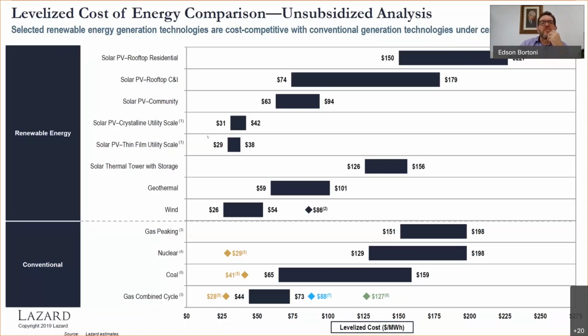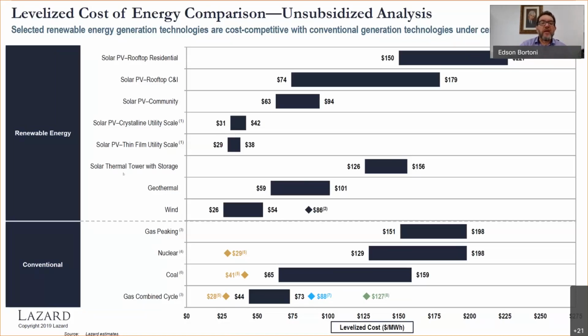This name scale is very important because they make use of the scale cost. You can see that the cost reduces because here is just one person putting photovoltaics on the roof of their house. Here the roof is a bit bigger, community is bigger, and utility is much bigger, so you can reduce the cost.